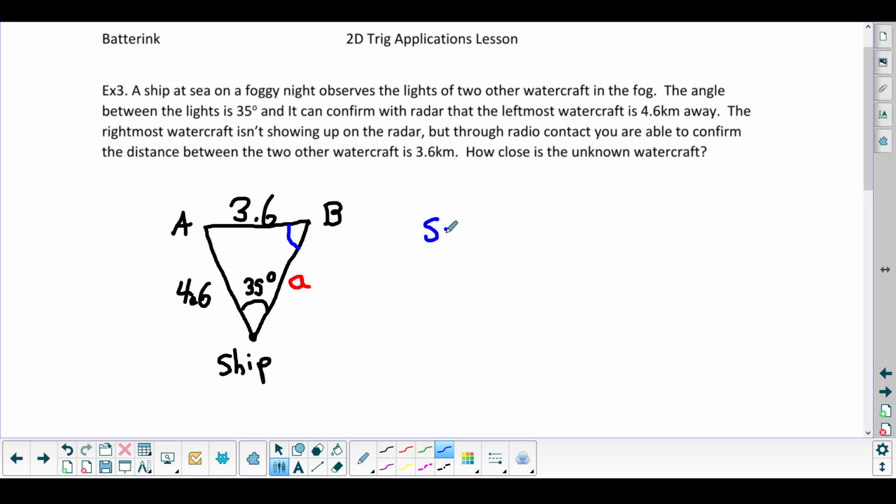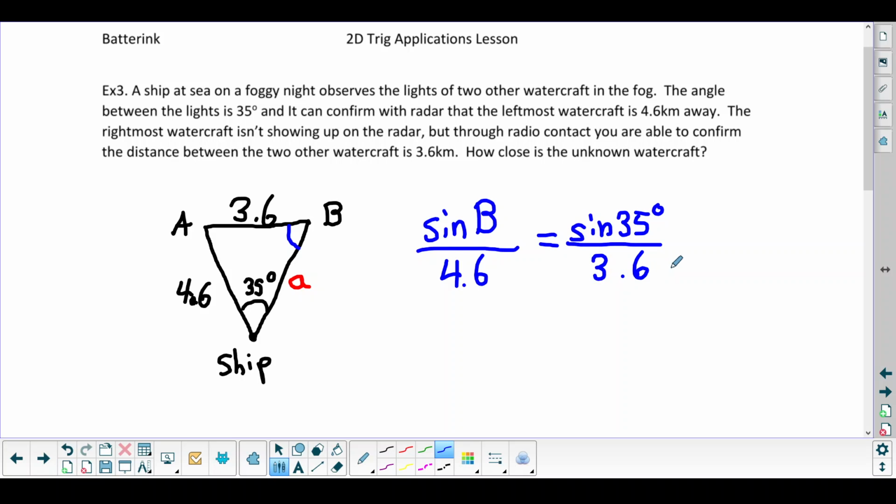So we'll write sine of angle B over the opposing side length. Remember, it's sine B over b, over 4.6, equals sine of the angle here, so sine 35 degrees over 3.6, its opposing side.